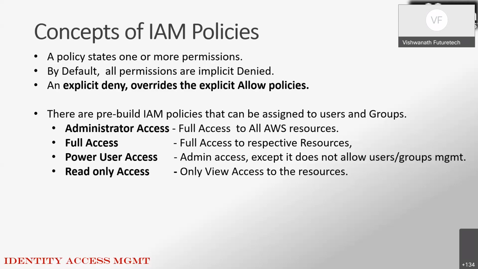Okay, so there are predefined accesses, which is administrative access, which is basically a full access, and then we have the full access itself, which is one step below the administrative access. The overall difference is this: administrative access is for the complete account, for all the resources there, for everything.